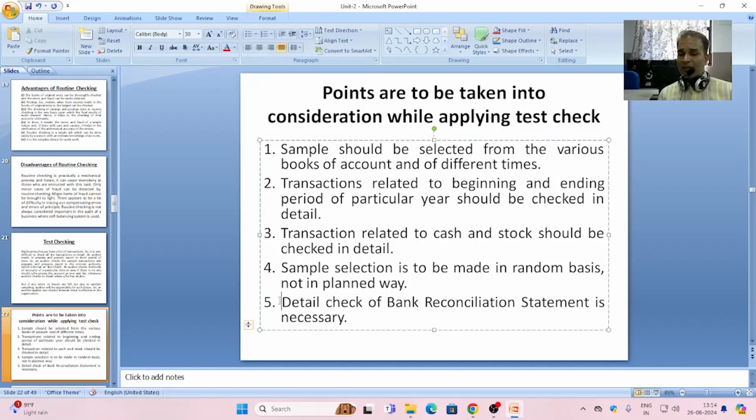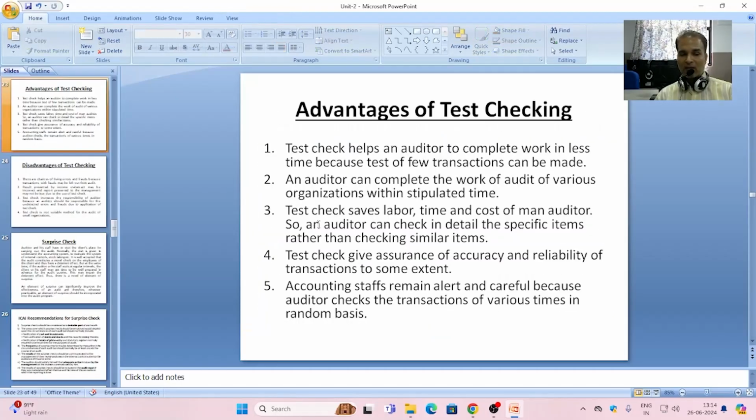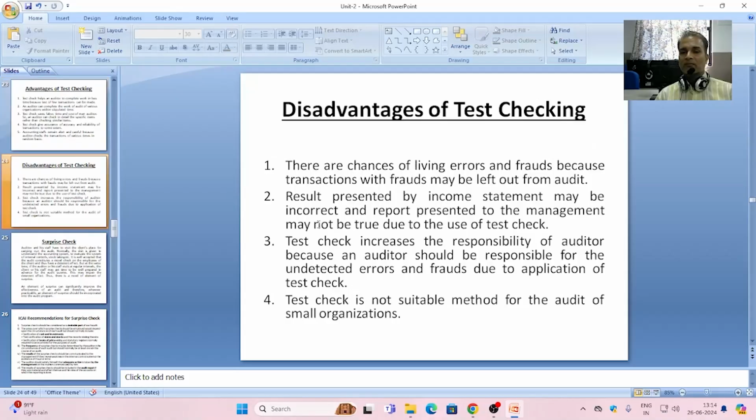Fifth, detailed check of the bank reconciliation statement is necessary. Again, the auditor is suggested to avoid test checking in case of the bank reconciliation statement. So, considering all these points, an auditor can go with test checking in an effective manner.